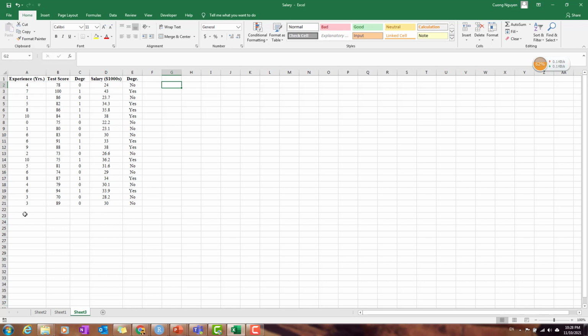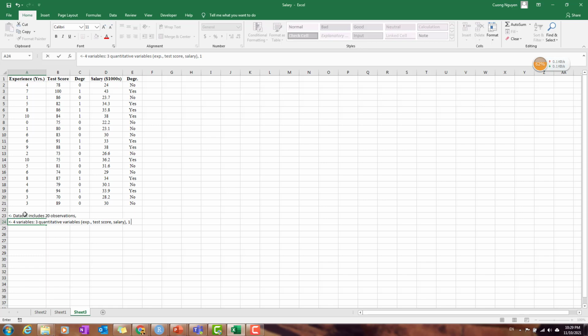The data set includes 20 observations, in which we have 4 variables, including 3 quantitative variables: the experience, the test score, and the last one, salary.